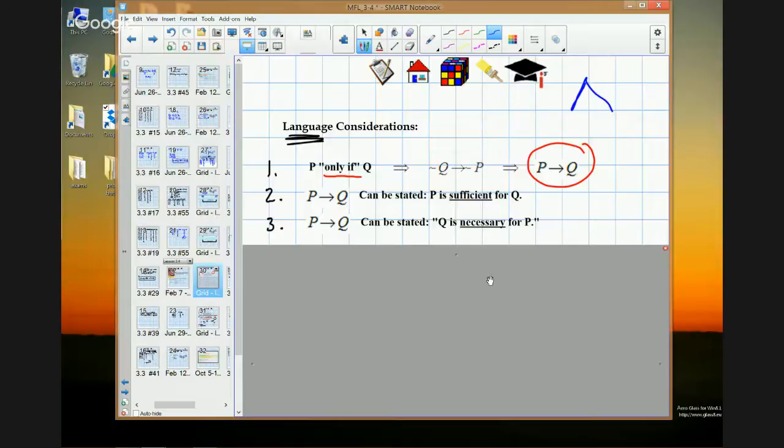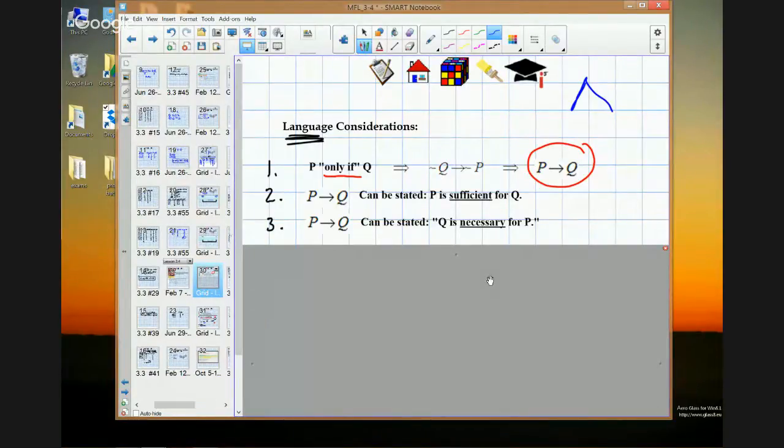Why? What's a good example from life? It is sufficient to have your tax forms handed in before April 15th in order to be legal. So it's sufficient for you to hand in your taxes before April 15th.